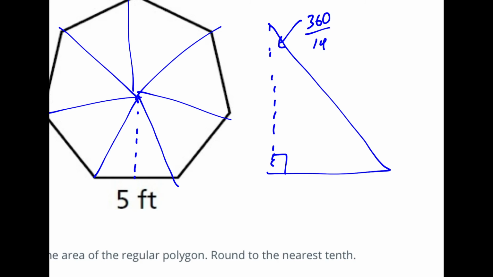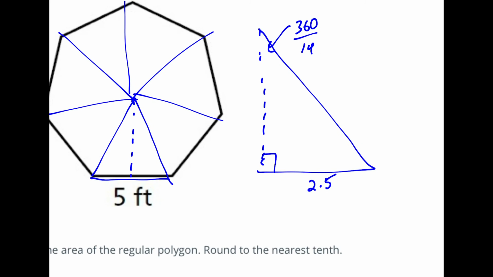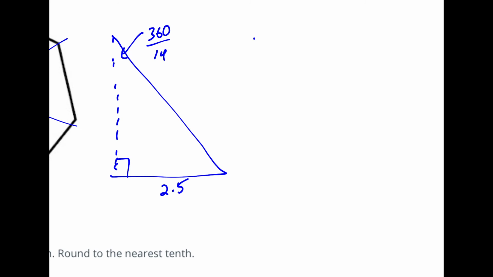This is 90. My base of 5 is cut in half, so here's 2.5. So I can rewrite this as the tangent of 360 divided by 14 is equal to 2.5 over x, x being the apothem. So if I multiply both sides by x and divide both sides by tangent of 360 over 14, I get this.